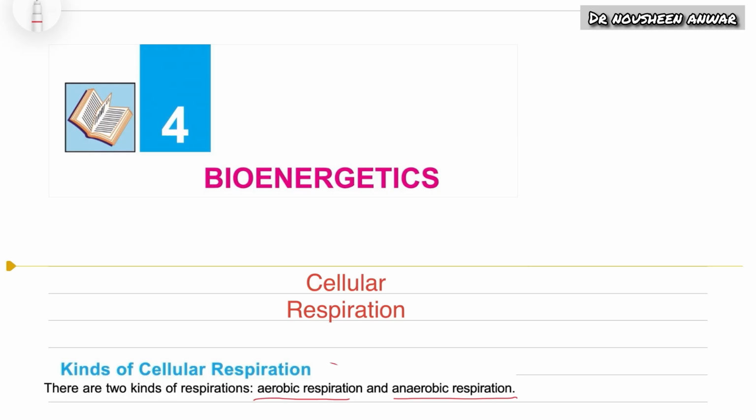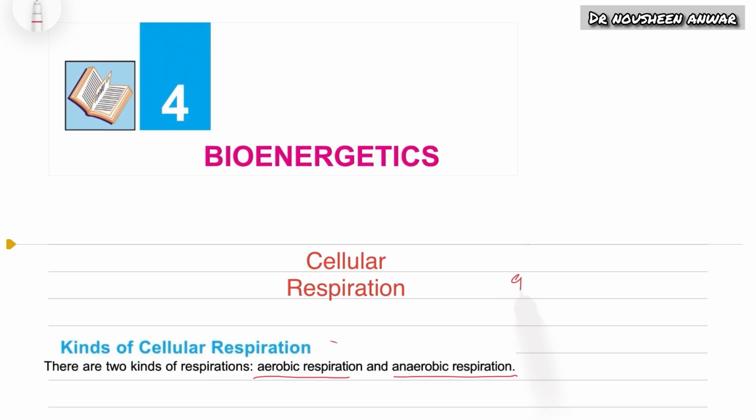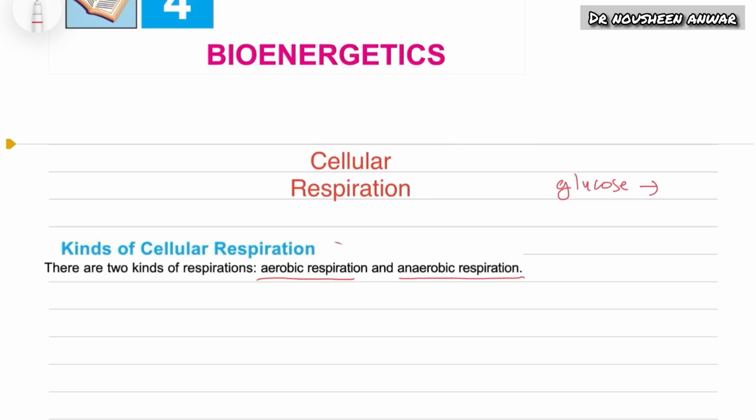When we consume glucose, before proceeding towards aerobic and anaerobic respiration, I want to tell you that when the glucose goes inside the cell, it breaks down into pyruvate, plus 2 ATP molecules are formed.